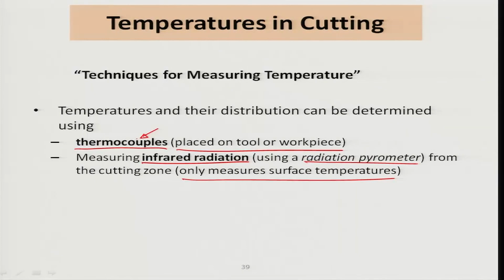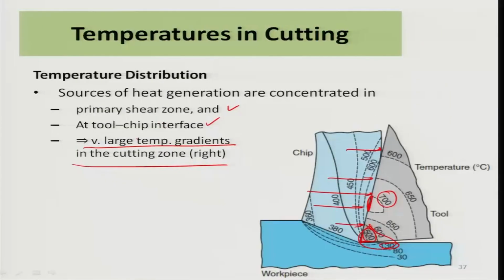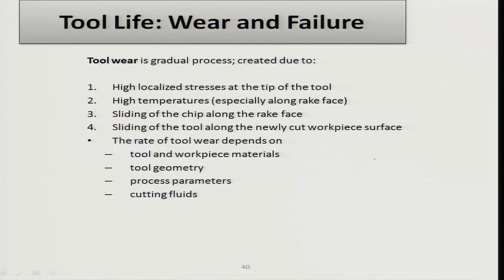Obviously, thermocouples can be placed at a certain depth within the tool, where you can actually get this complete isotherm. You can see here, for example, you have temperatures even within the tool, in this particular portion or in this particular portion. That can only happen when you have an embedded architecture for doing measurements, and there are experiments where embedded thermocouples are put into the tools for experimental determination of the temperature isotherms.